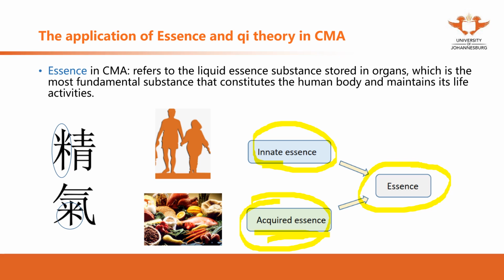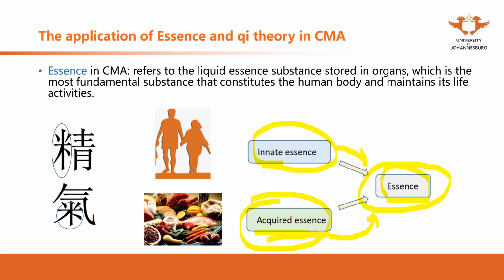The reason why I'm asking is because in this situation, we think that the essence of the patient is weak. They don't have enough essence. Then I will try to identify, is this weakness from innate, from the parents, or from the acquired?